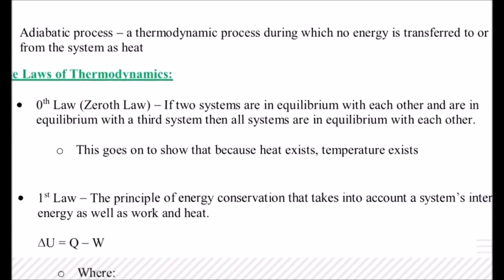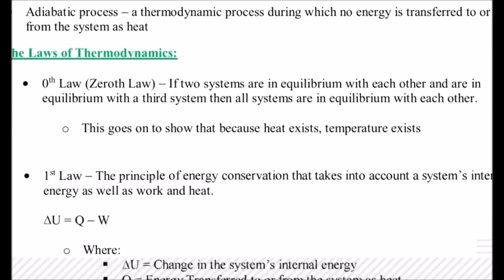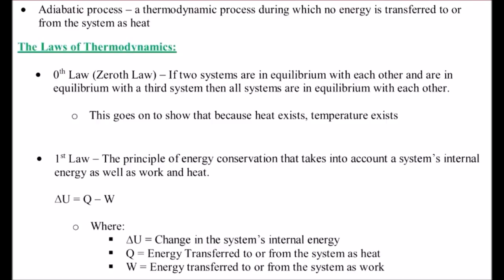Adiabatic. That's your next one. Okay, so let's talk about this. We have the zeroth law here, and the zeroth law exists because it was created last. They made the first and the second and the third law of thermodynamics first. But when you're creating scientific things, you've got to cross your T's and dot your I's.